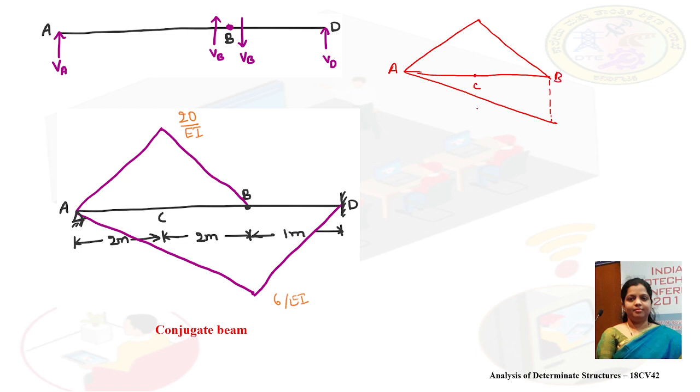This is point C. AC is 2 meter and BC, the distance, is also 2 meter.